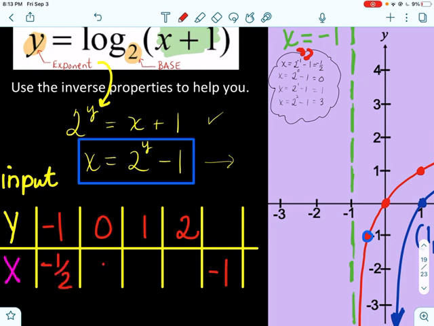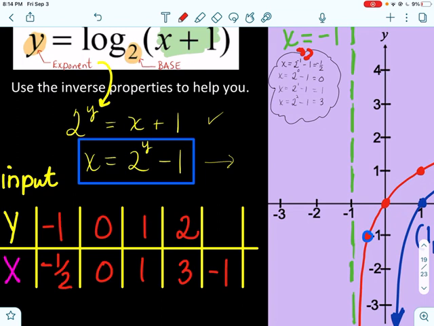When x is 0, the function value is 0. When y is 1, then x is 1. When y is 2, then x is 3.